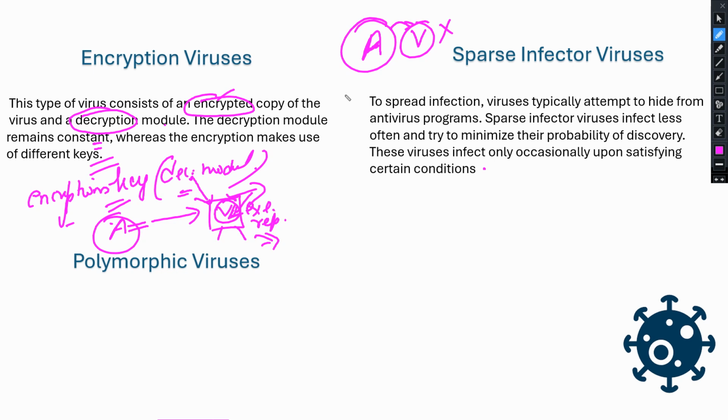The sparse infector virus works in two approaches. The first is to replicate only occasionally.